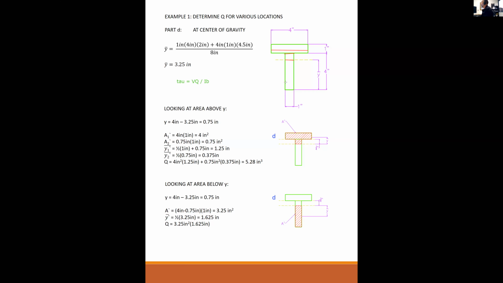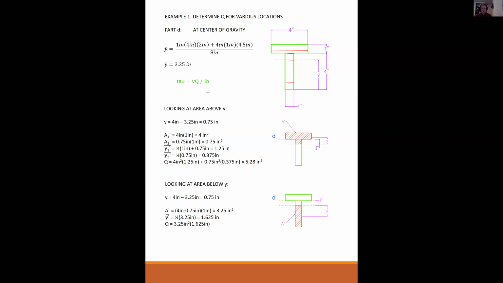You can make a cut pretty much anywhere, right? But every one of these different cuts is going to produce a different horizontal shearing stress. So in this equation, what is constant? Anywhere you cut it, what is constant in this equation?